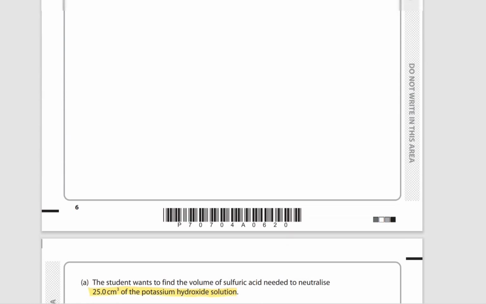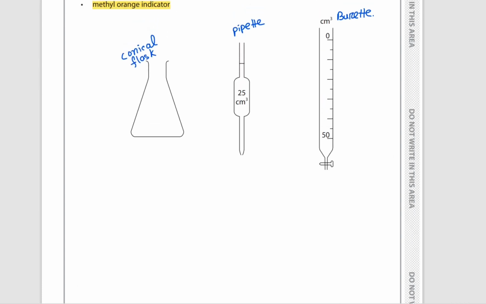So the entire explanation goes like this: the student first pours 25 centimeter cube of potassium hydroxide into the conical flask, and then adds the methyl orange indicator. After that, the student uses the burette and starts adding acid drop by drop, and swirls the entire conical flask after each drop of acid is added.